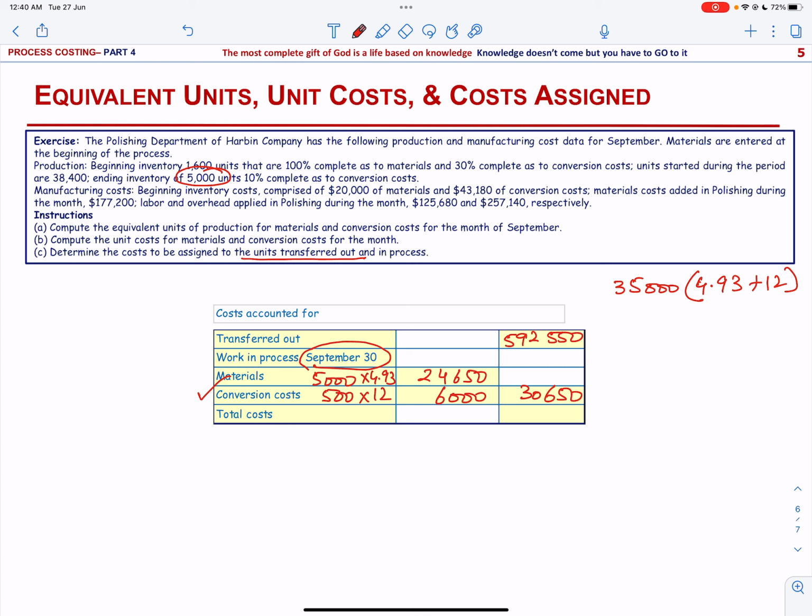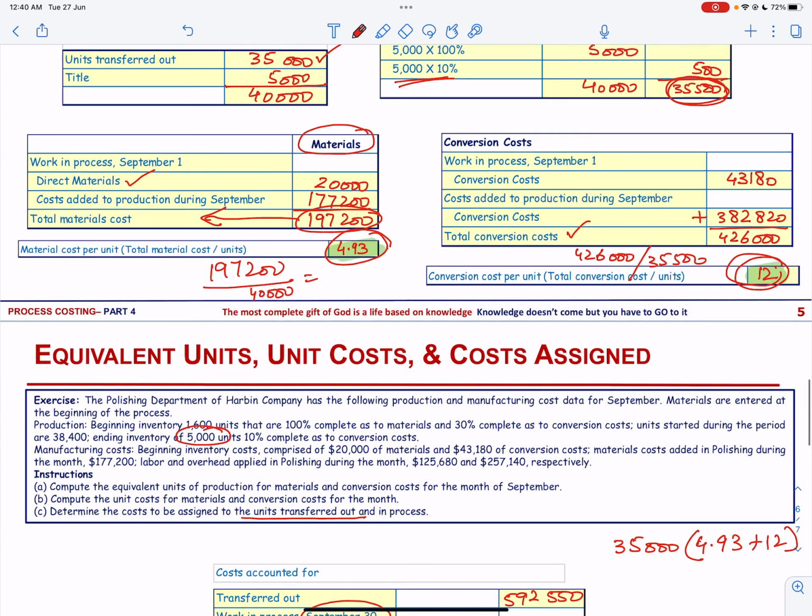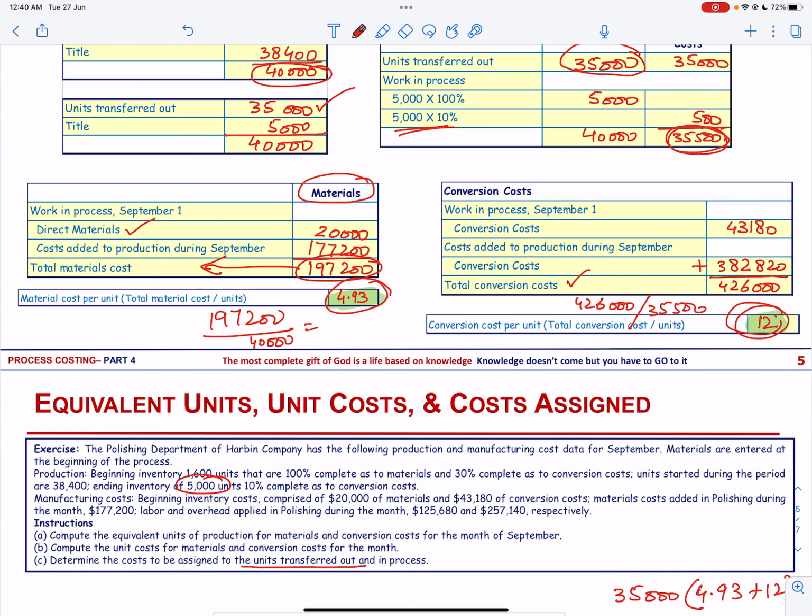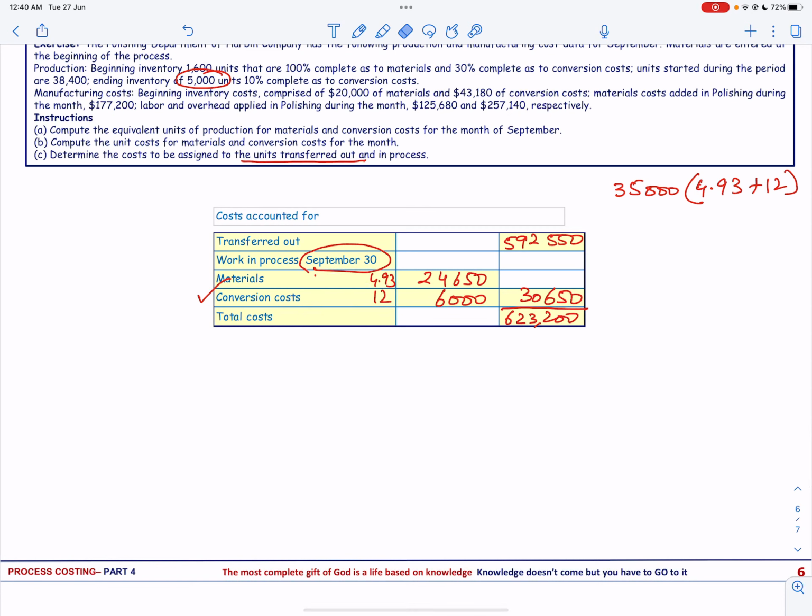And now we can make the total of the two, and this will be equal to 623,200. You can see we have 500 work in process, 10% we have calculated before, and that is how we get this 500.